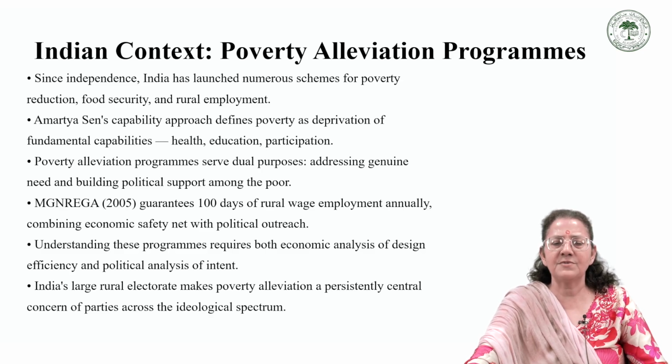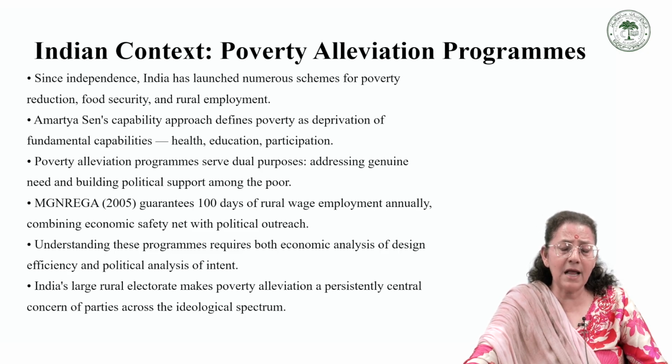Understanding these programs requires both economic analysis and political analysis simultaneously. From an economic perspective, poverty alleviation requires identifying the causes of poverty, whether they lie in lack of assets, inadequate employment, poor education, or barriers to credit and markets, and designing interventions that address those root causes efficiently.